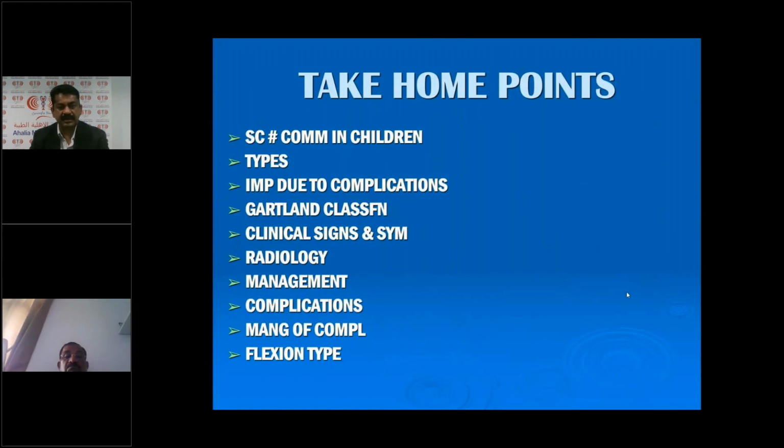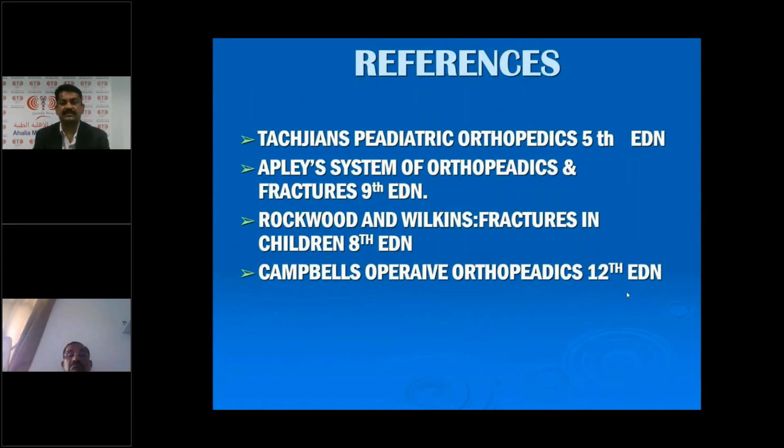We covered the Gartland classification and its modifications, the clinical signs and symptoms, the radiological signs that help in treatment and diagnosis, the management of supracondylar fractures, the associated complications and their management, and a brief glance at the flexion type also. These are the references.